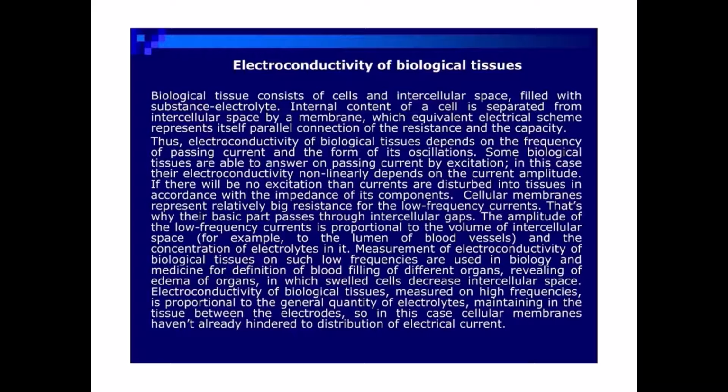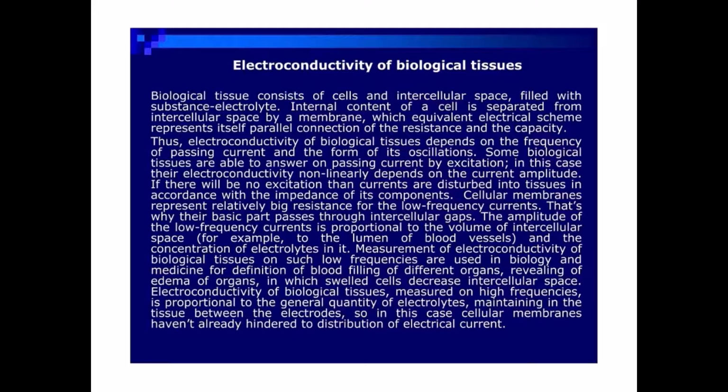Thus, electroconductivity of biological tissues depends on the frequency of the passing current and the form of its oscillations. Some biological tissues are able to respond to passing current by excitation. In this case their electroconductivity nonlinearly depends on the current amplitude. If there is no excitation, then currents are distributed in tissues in accordance with the impedance of its components.